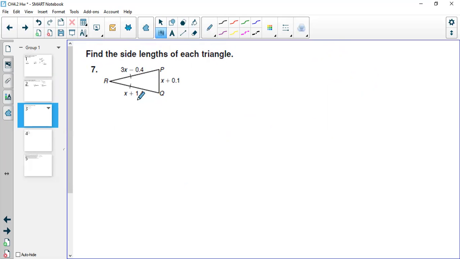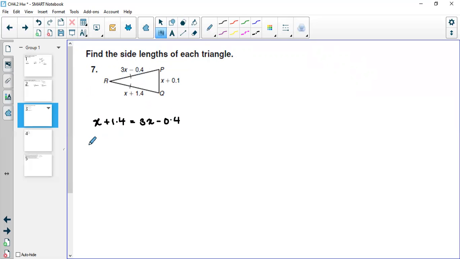Find the side lengths of each triangle. As we discussed in the previous video, you have to find the value of x first. To find the value of x, we need an equation. For the equation, you can say that these two sides are equal. They have already given that. So we are going to write the equation as x plus 1.4 equals 3x minus 0.4.